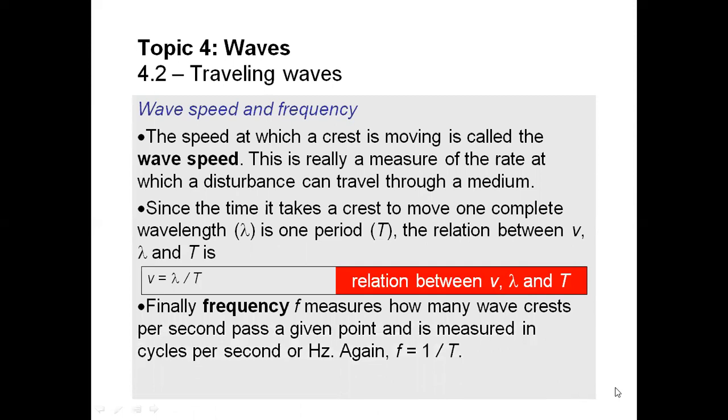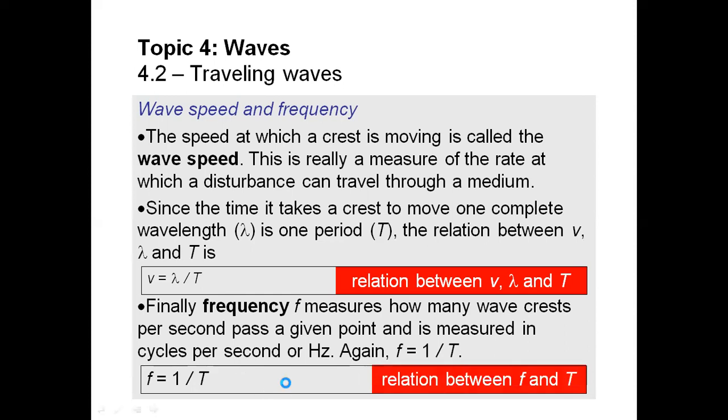Finally, frequency f measures how many wave crests per second pass a given point and is measured in cycles per second, or hertz. Again, we have seen that before. The frequency is equal to 1 over period. And if you place frequency in this equation, 1 over period is equal to frequency, we can also use this equation.